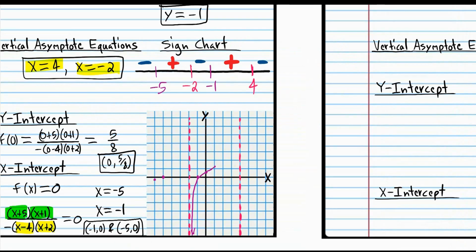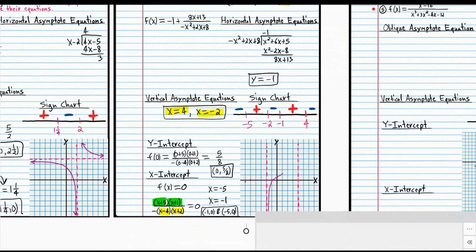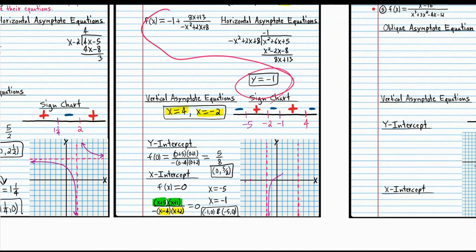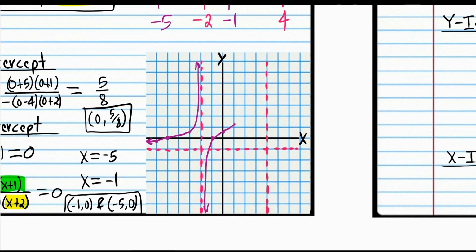So it'll be about there. Draw that. Remember, we found our horizontal asymptote at y equals negative 1. And so as the graph goes to the left, it's going to approach that asymptote. So again, the asymptotes kind of serve as a guide.